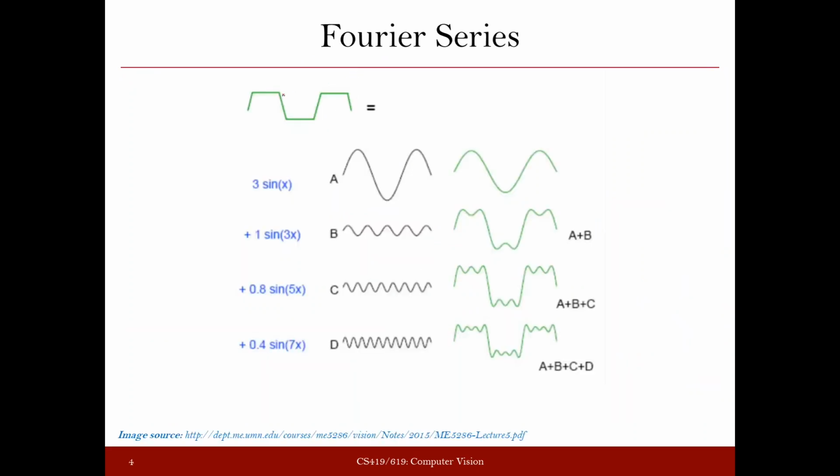Again, here we have a function given to us, let's say this is f(t). This is the function f(t) given to us, and we want to represent this in terms of Fourier series. To represent this, let's say you just take a very simple waveform, 3 sin x.